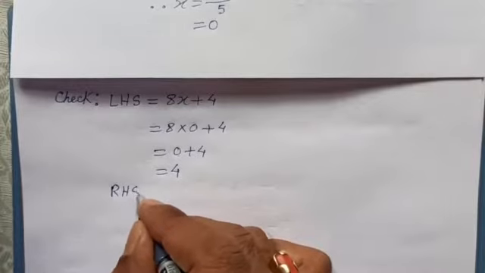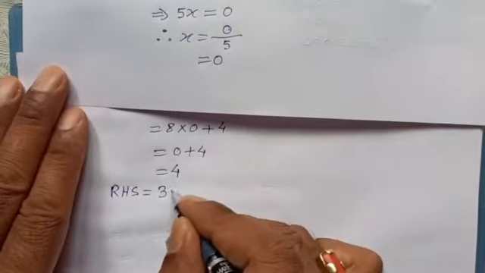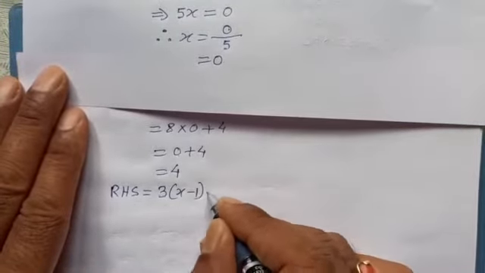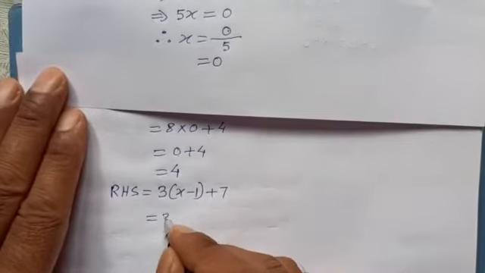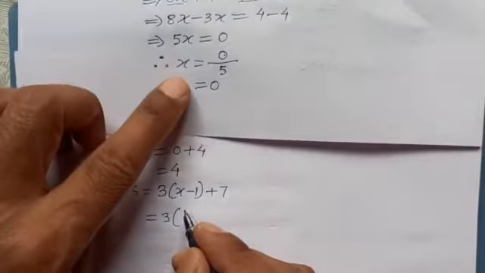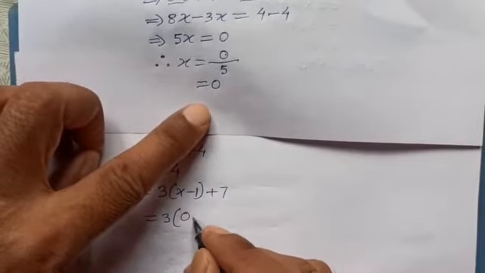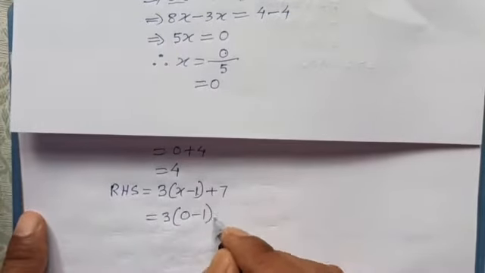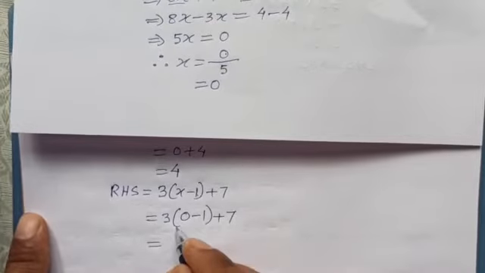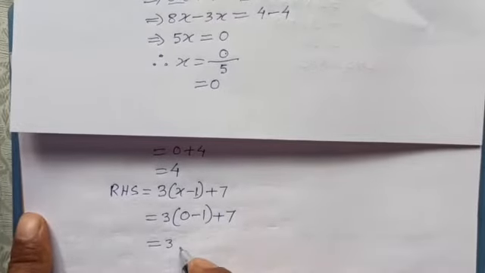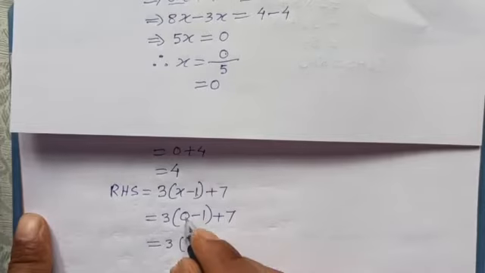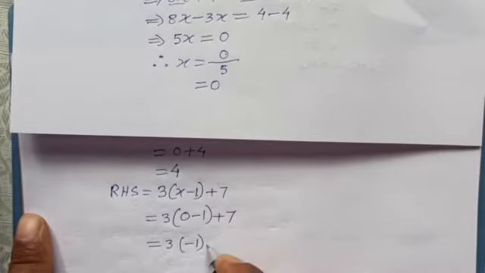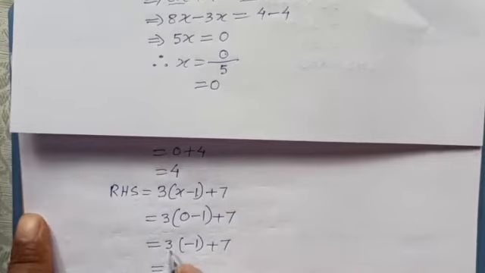Next, take the right hand side. Right hand side is 3 bracket x minus 1 plus 7, which is equal to 3 bracket, the value of x is 0, so keep 0, minus 1 plus 7. We have to finish the bracket first. 0 minus 1 is minus 1, plus 7. 3 into minus 1 is minus 3 plus 7.